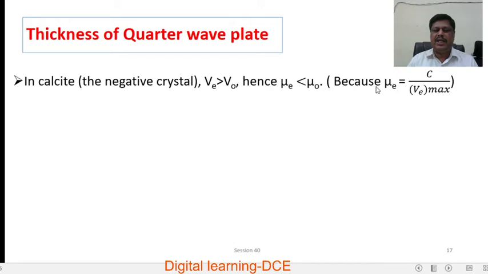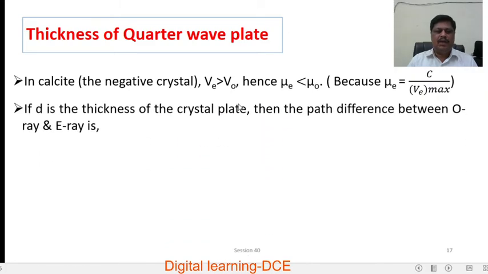For a negative crystal and for the extraordinary ray, refractive index mu e is equal to c by v e maximum, because the velocity of the extraordinary ray is maximum in a direction perpendicular to the optic axis. As v e is maximum, the refractive index is less. Hence, the refractive index of the extraordinary ray is less than that of the ordinary ray for the negative crystal.